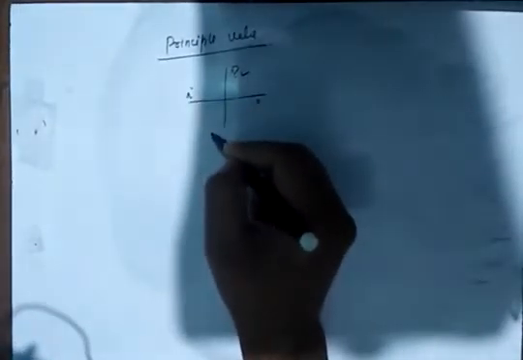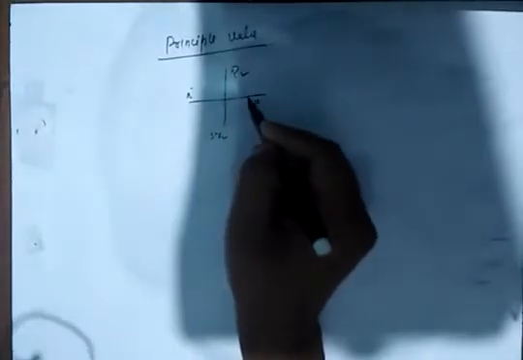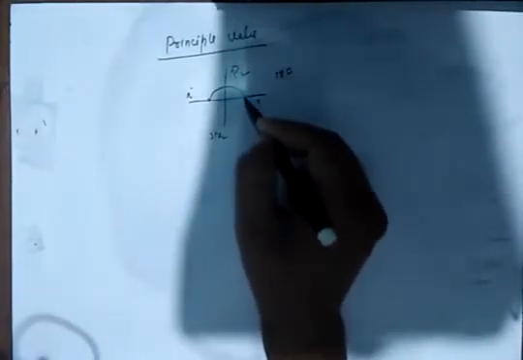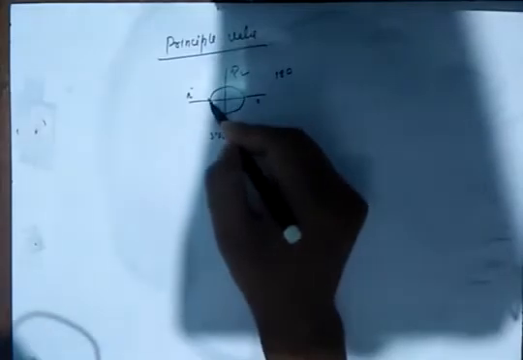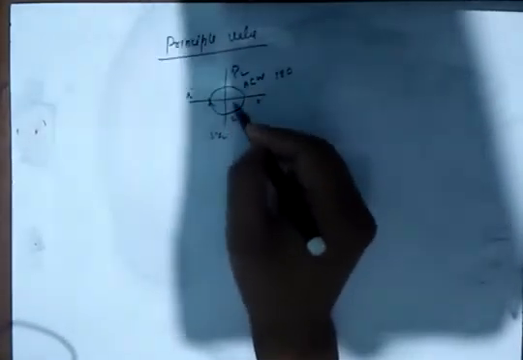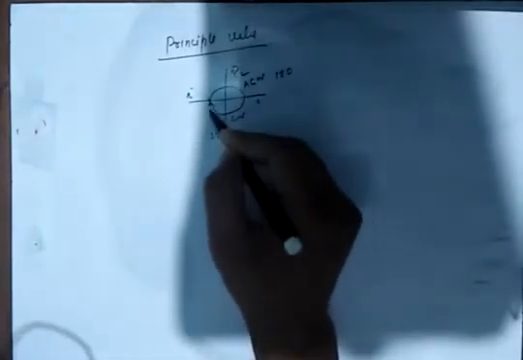Suppose this is 0, this is pi by 2, pi and 3 pi by 2. If you rotate from 0 to pi, the angle is 180 degrees, and you can rotate anti-clockwise or clockwise.